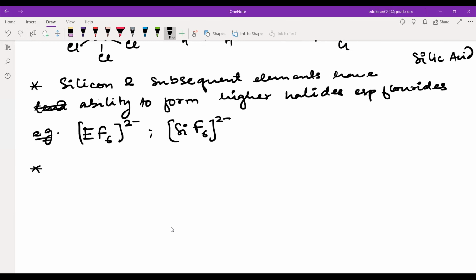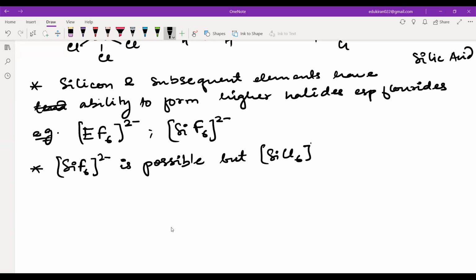Okay, and also write one more point that SiF6 2 negative is possible, but SiCl6 2 negative is not possible.